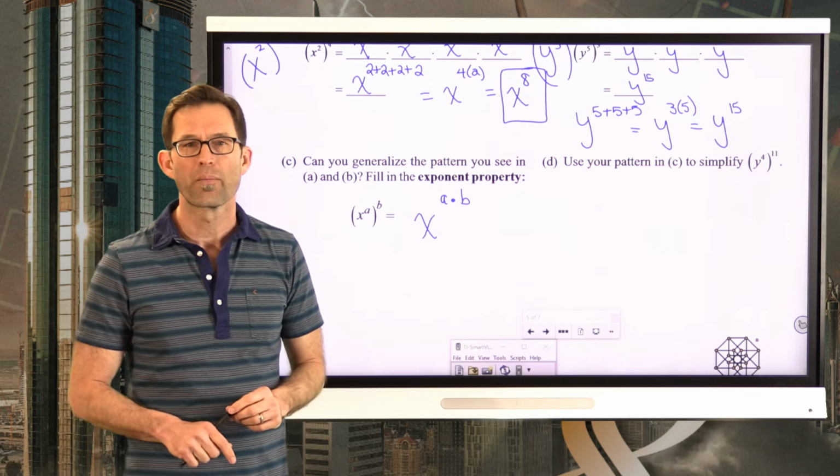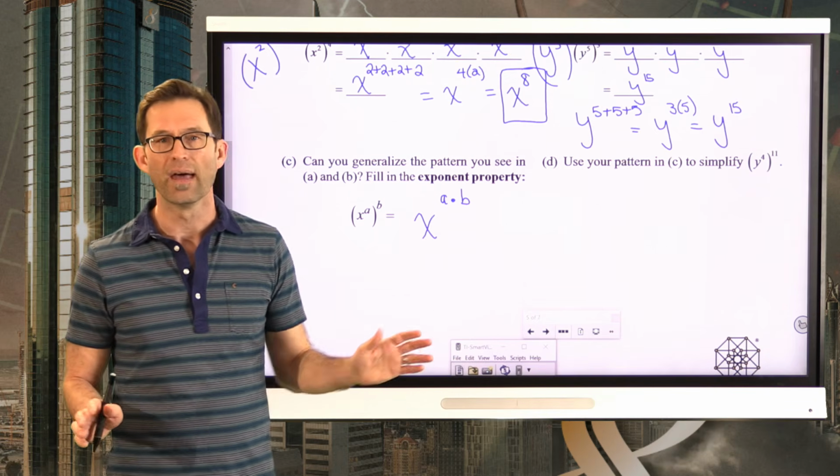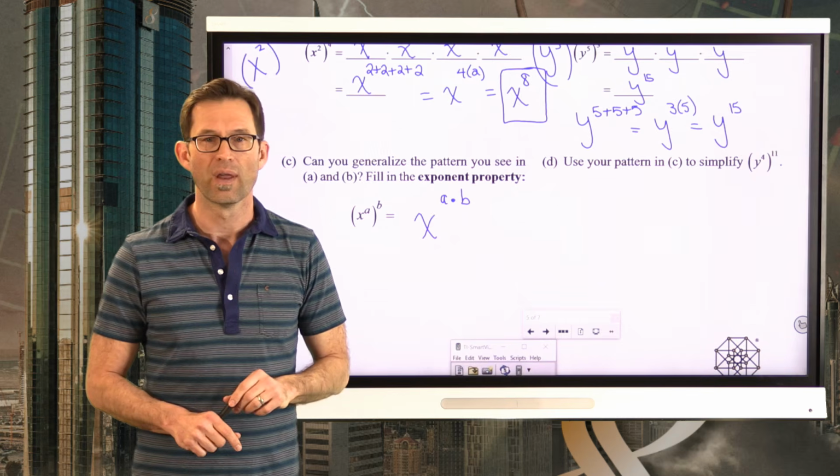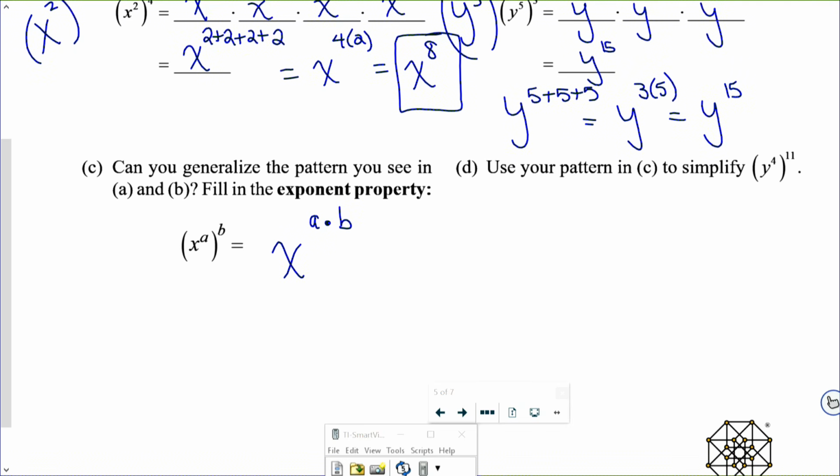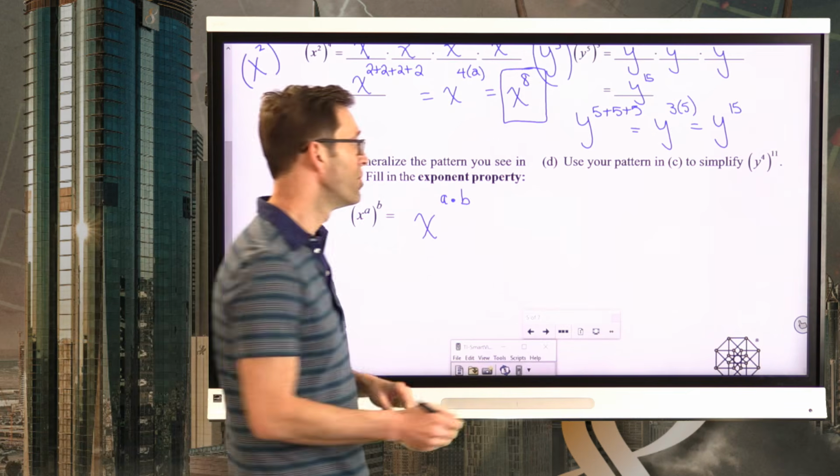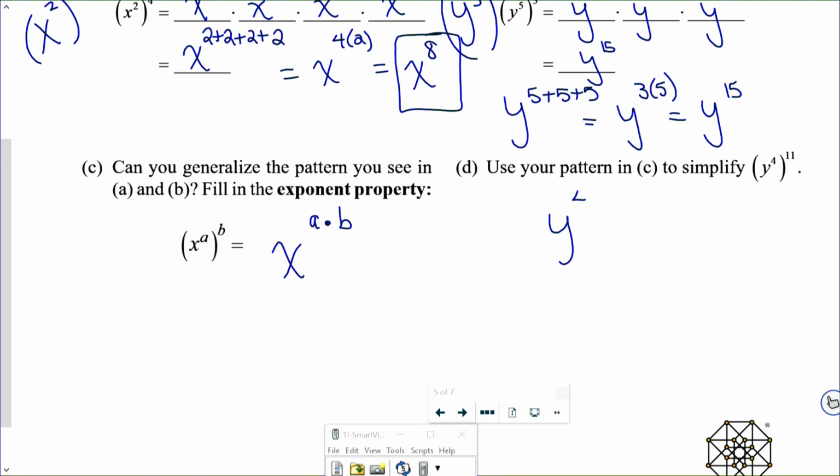But this exponent property allows me to not have to do that. What would I get? Pause the video now. Well, it's really simple. I'll get y to the 4 times 11, or y to the 44th.